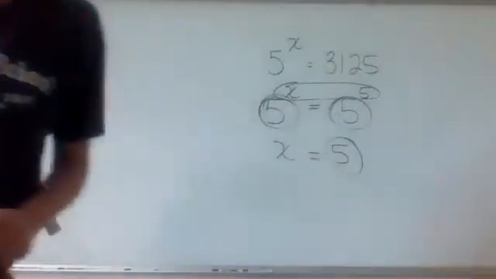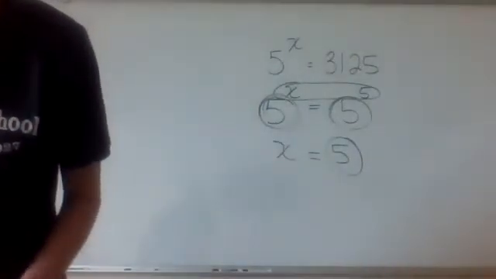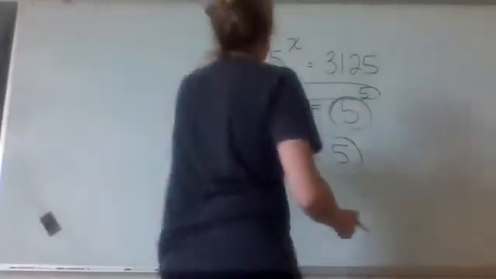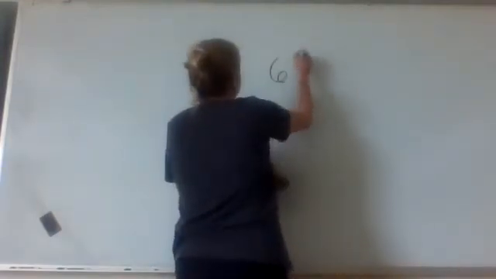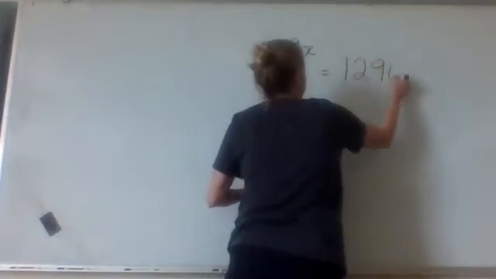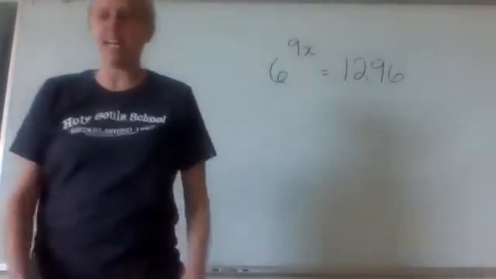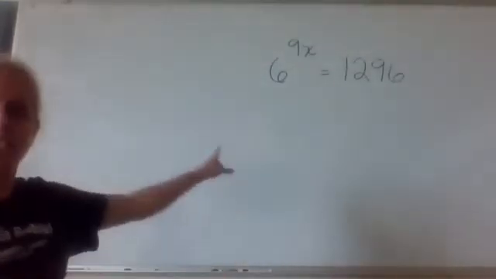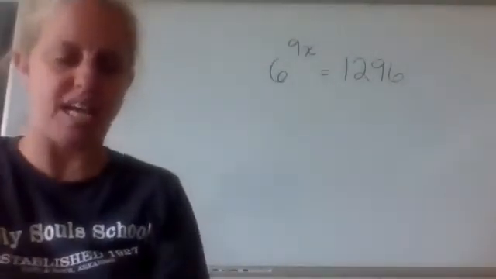Okay, let's look at number 2. We have 6 to the 9x power equals 1,296. So let's try this again. Let's see if we can write 1,296 with a base of 6, okay?